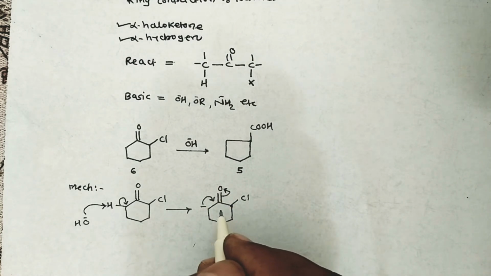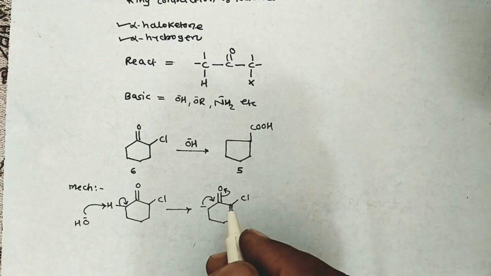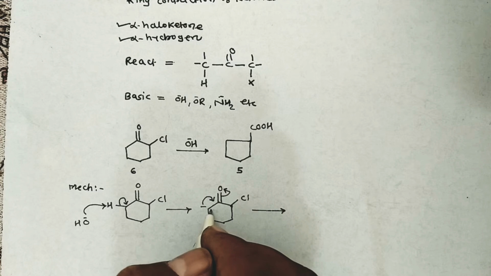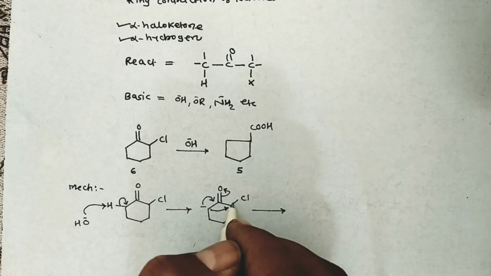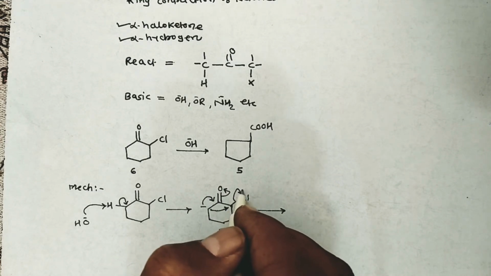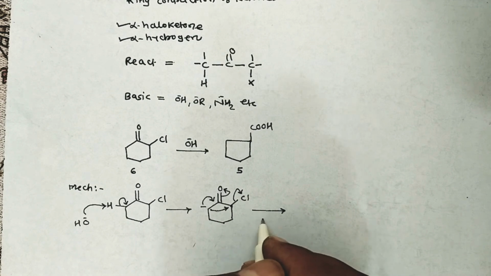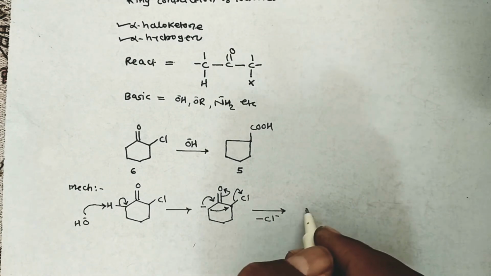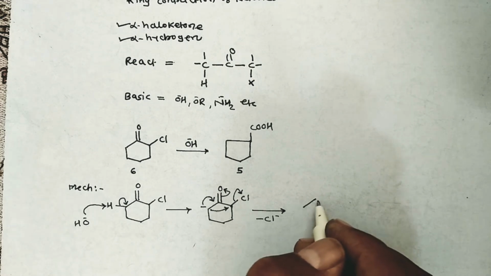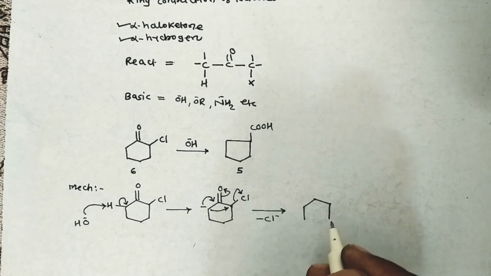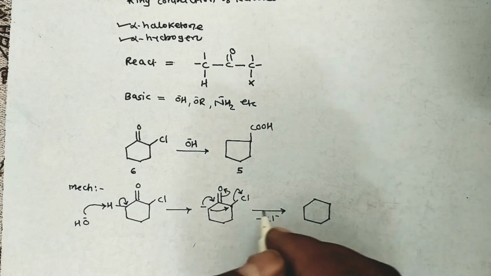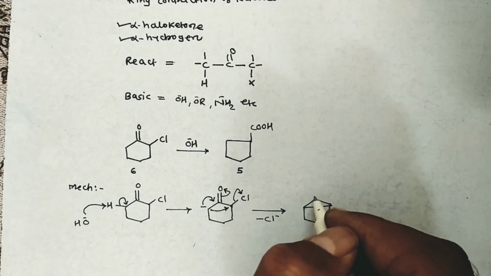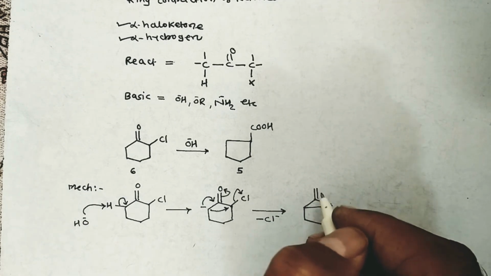So enolate ion can be formed. In next step, this enolate ion can attack over this carbon atom and the chlorine was removed as Cl minus. So you will get this type of structure: 6-member ring, this carbon carbon bond and this carbonyl group.